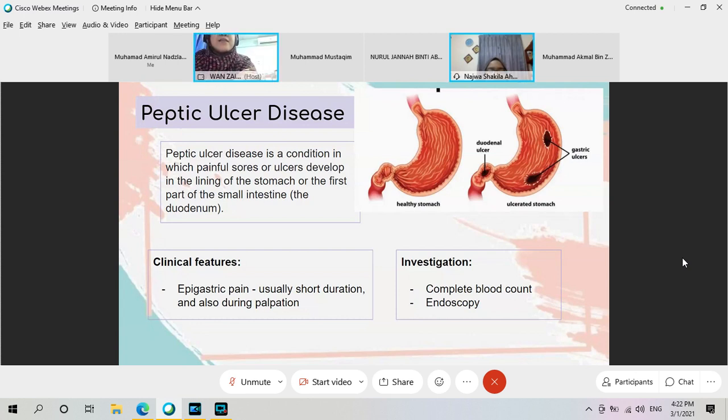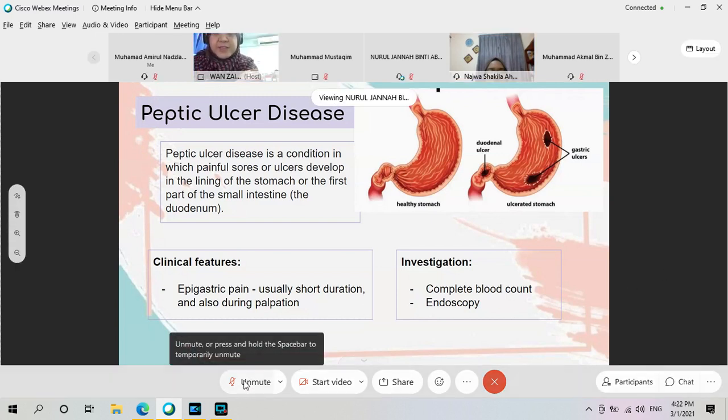So that is why the presentation is different between gastric ulcer and duodenal ulcer, which is not mentioned here. Alright. So what about the risk factors for peptic ulcer disease? Also not mentioned here. What are the risk factors?